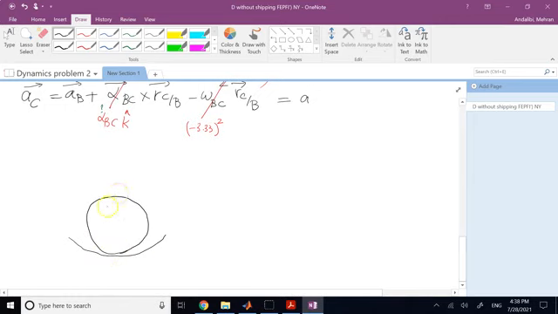If you are rolling without slipping and the radius is r, and angular velocity is omega, and angular acceleration is alpha, and this center point is C, you know the condition for rolling without slipping is what? That V of point C is r omega, or A of C is what? R times alpha, correct?